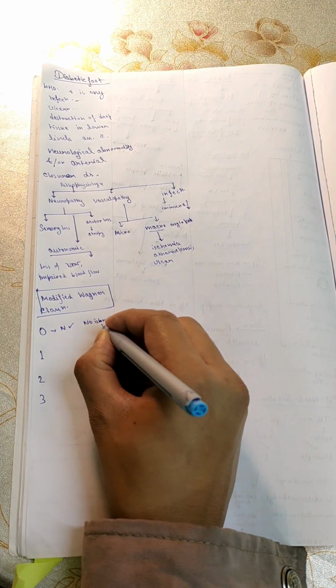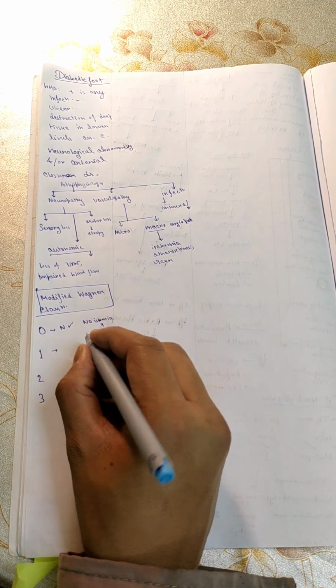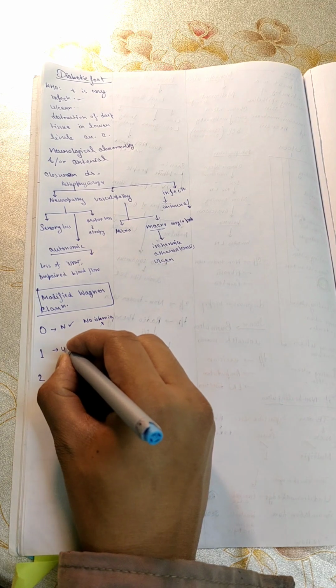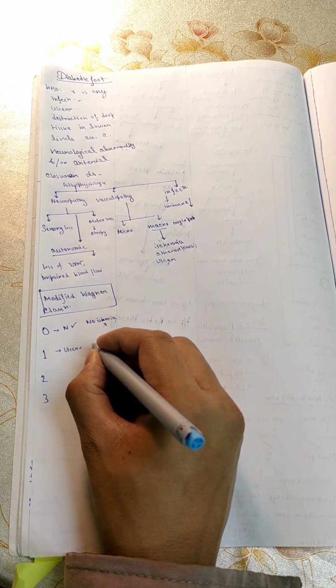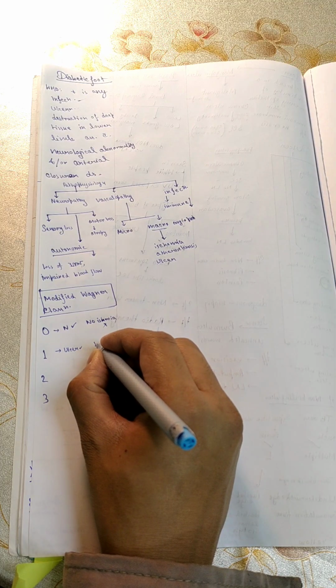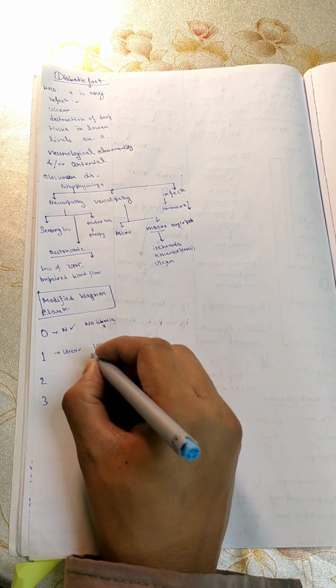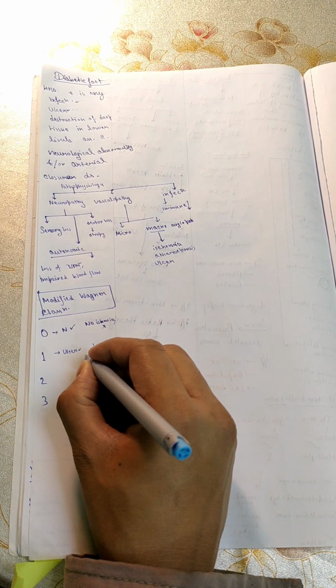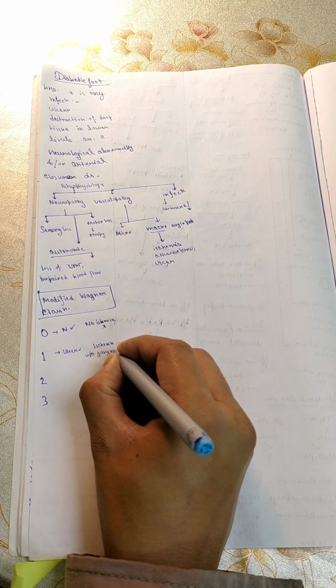Okay, in the next, ulcer present, superficial, and ischemia without gangrene formation.